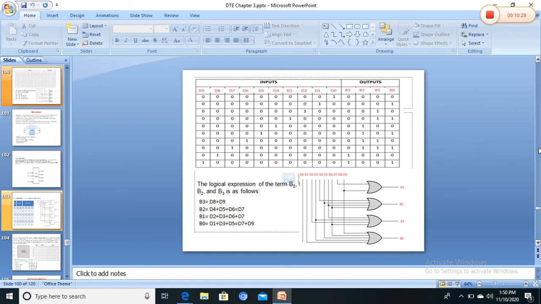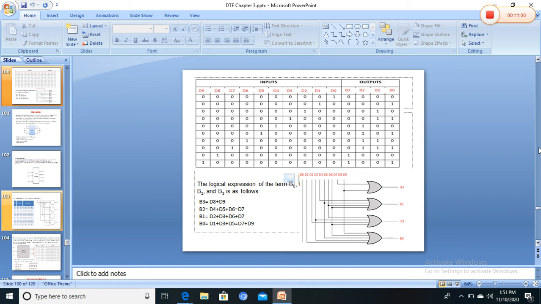Consider B3 first. In the last two rows B3 is 1, for input lines D8 and D9, so B3 = D8 + D9. For B2, we consider where the output is 1, that is the input lines D4, D5, D6, D7, so B2 = D4 + D5 + D6 + D7.